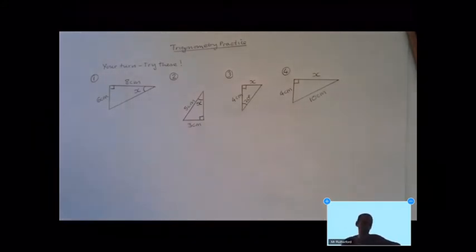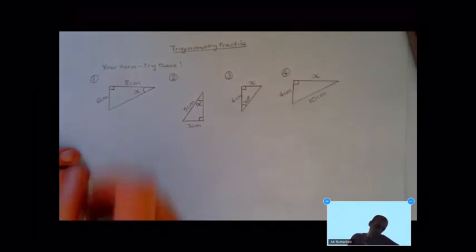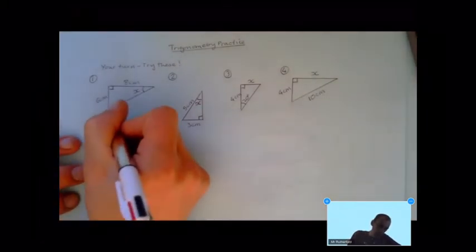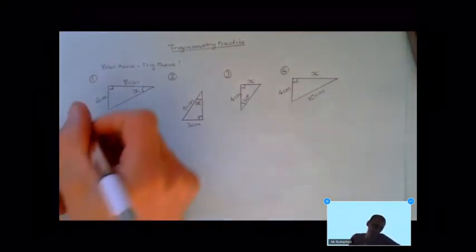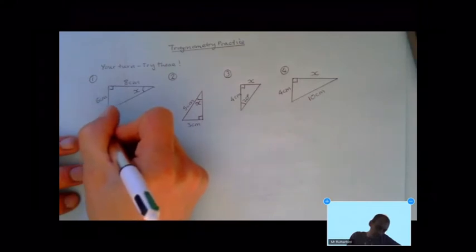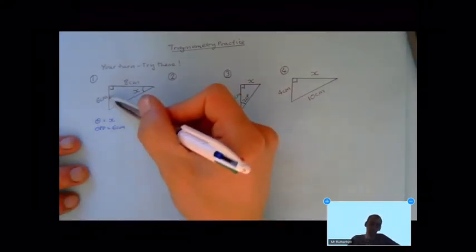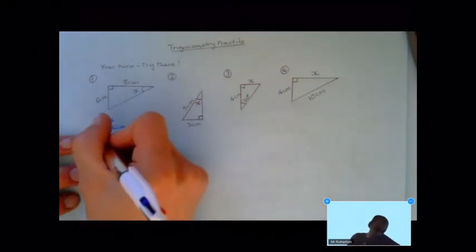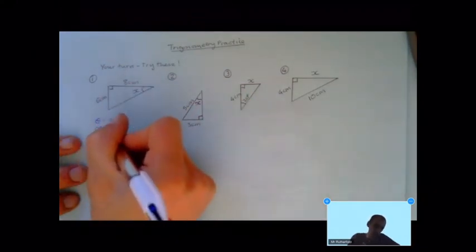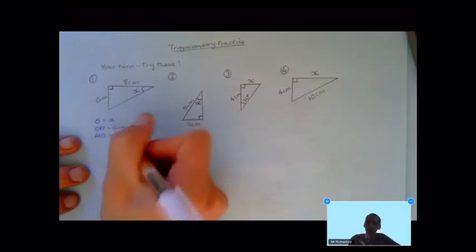Okay, so the first example here, we've got an angle that is unknown, that's been labelled x. We've got an opposite of 6 centimetres opposite the angle here, and adjacent of 8 centimetres.